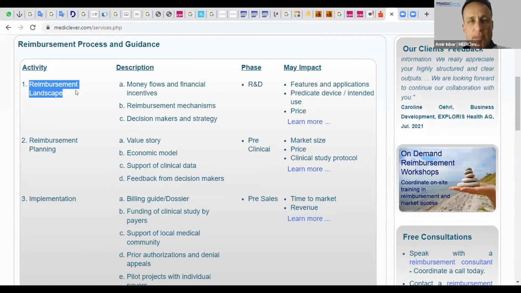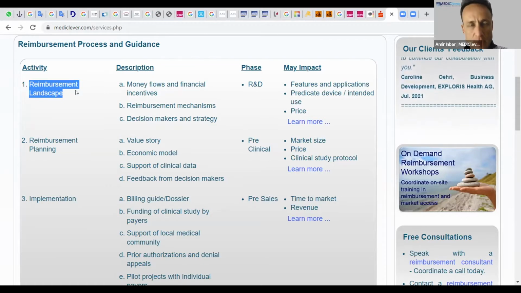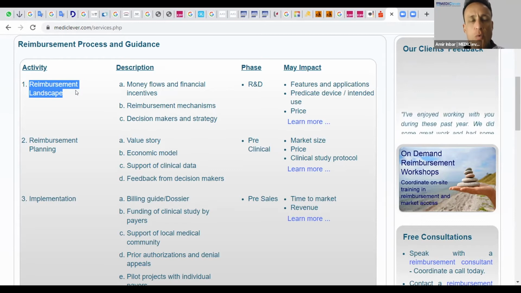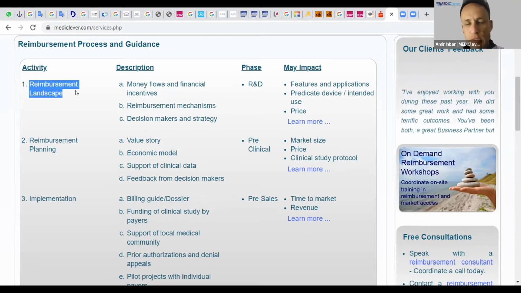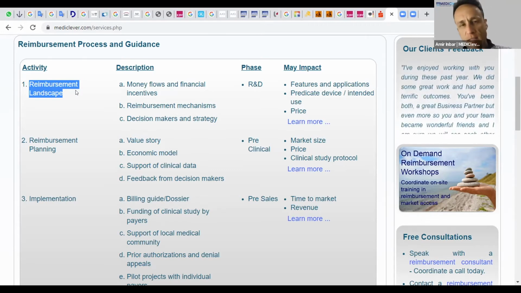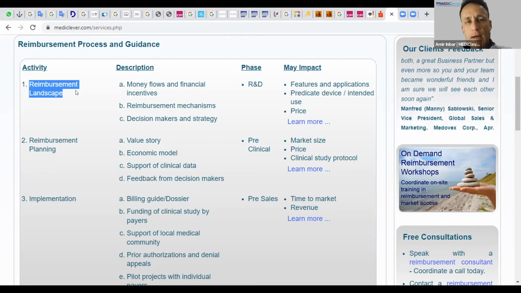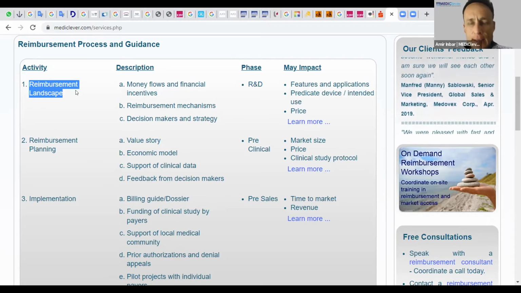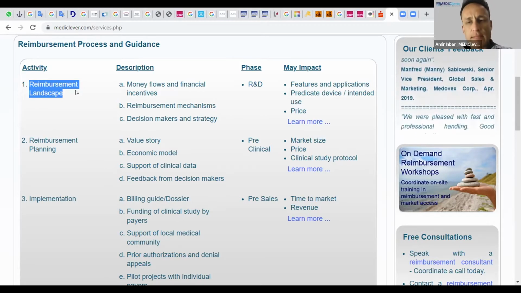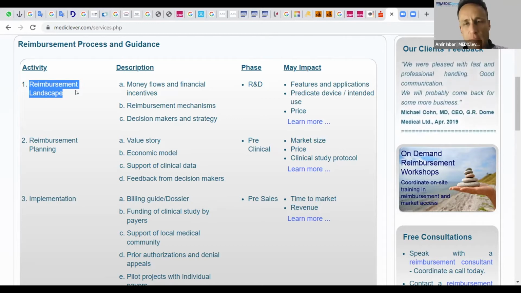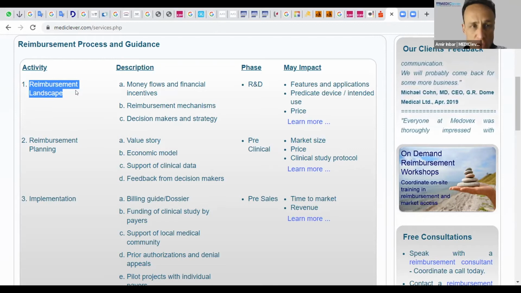We don't need to see the patent or anything, just to understand from 50,000 feet what the product is supposed to do, where the product will be used, in which clinical setting, whether it's a hospital or a physician's clinic or the patient's home, for example, and how it works. But that's all the information that we typically need as an input before we start the reimbursement landscape activity. But it all changes in activity 2.